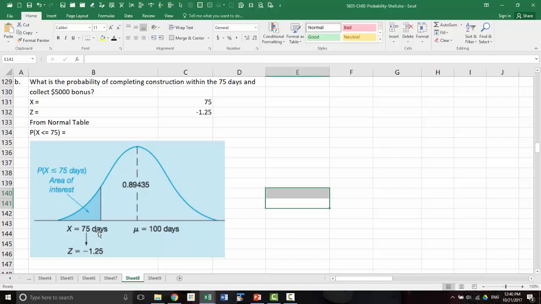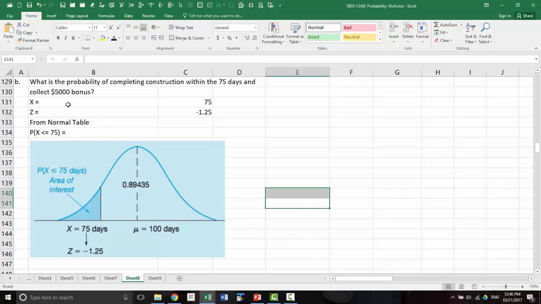Well, here we need to use the symmetry property. Since the normal distribution is symmetric, whatever probability you see on the left side, the corresponding area on the right side will be exactly the same. So in other words, this area with Z of minus 1.25 on the left, the mirror image of that would be Z of plus 1.25 to the right of that.